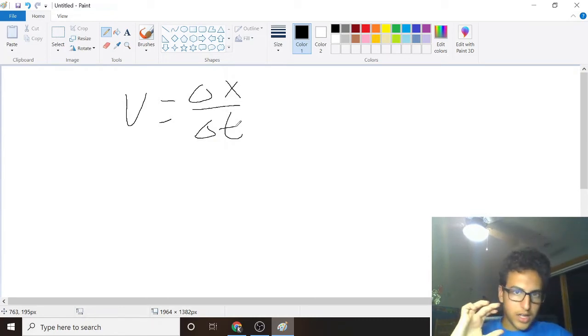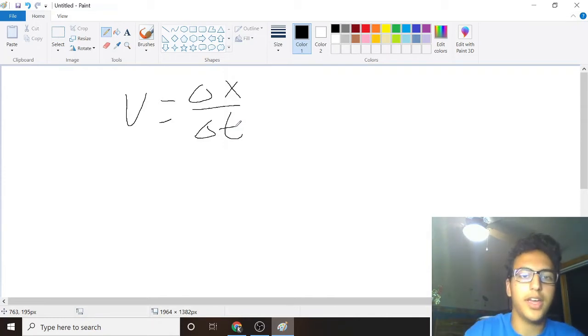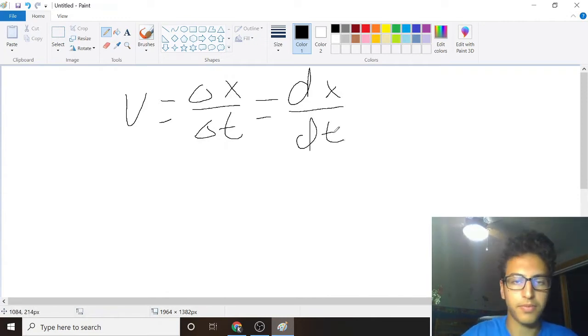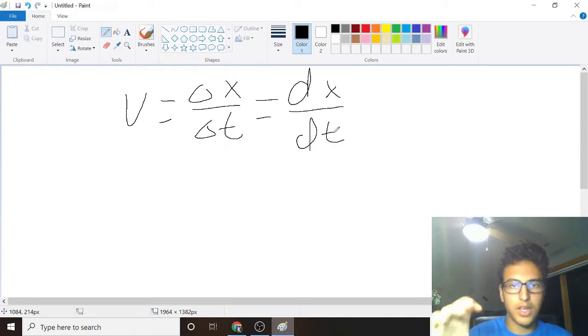Well, what can we do? We can look at how these two moments get closer and closer together, and we'll see that this becomes a differential, or a very small change in displacement over a very small change in time. Okay? So what does that mean?